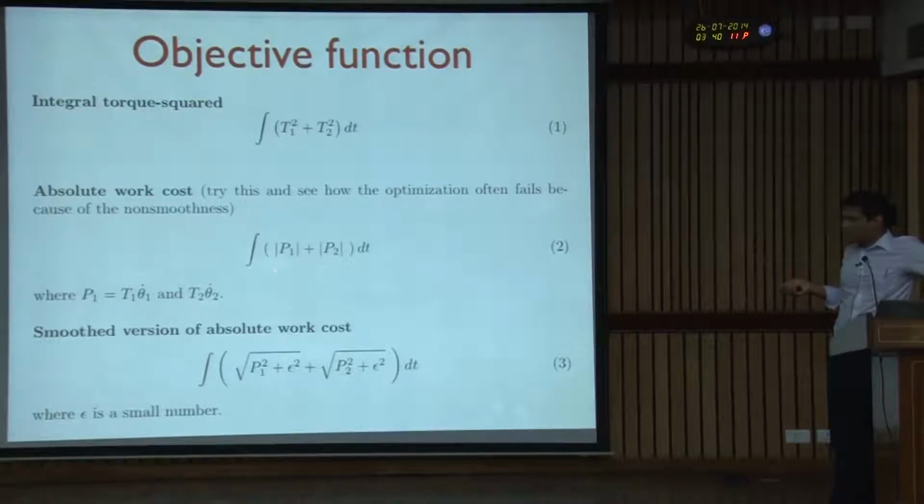So if you want to minimize this objective function with this non-smooth integrand, you might run into problems if you use fmincon. In fact, people tried this before and they got really bad convergence and so on.